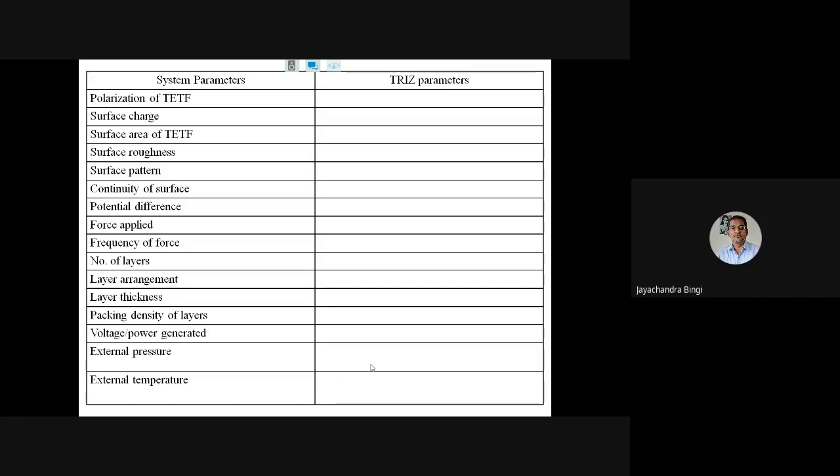What is there in the 39 parameters? You see, it's a direct one. Even a hint is not needed. Weight of the object? See, how length is there, na? Length of the stationary object.